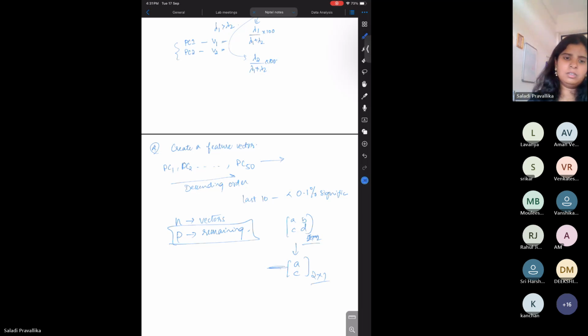It is up to you to choose whether to keep all the components or discard the ones of lesser significance, depending on what you're looking for. That comes with your learning. As you gain hands-on experience, you will decide how many to keep and how many to remove.